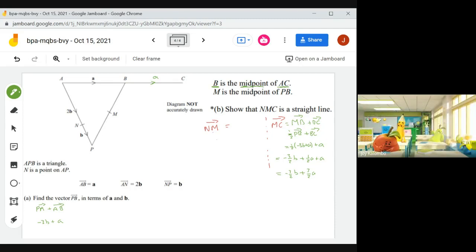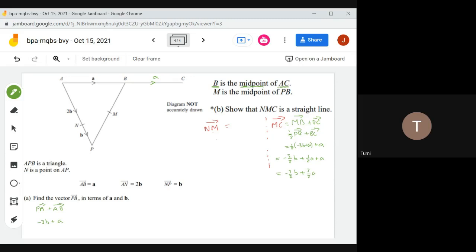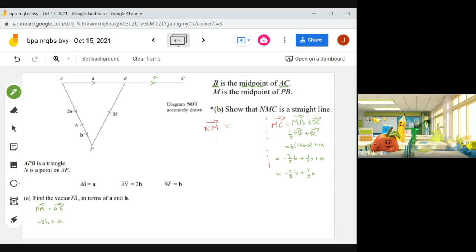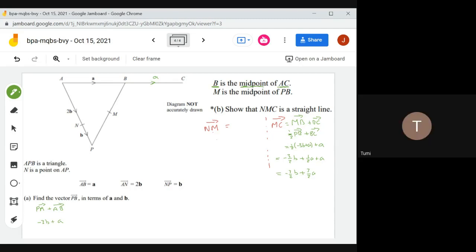If you can convert back to fractions afterwards, that would be nice. So would that be minus half? That's it. So would that be minus half B plus half A?